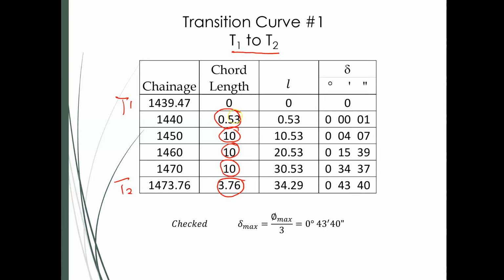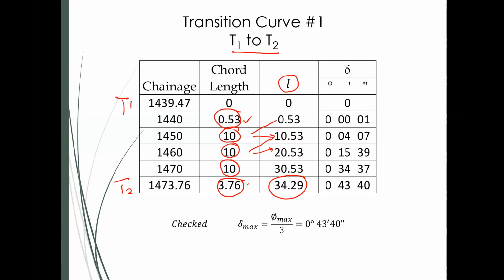So in this case, 0.53 for the first one and 3.76 for the last one. L basically is the distance on the curve, so that's 0.53. Then this one is simply adding those two numbers to get that. In the end, you will get the length of the transition curve, which we have calculated beforehand.